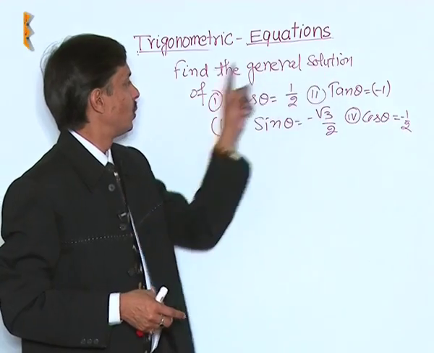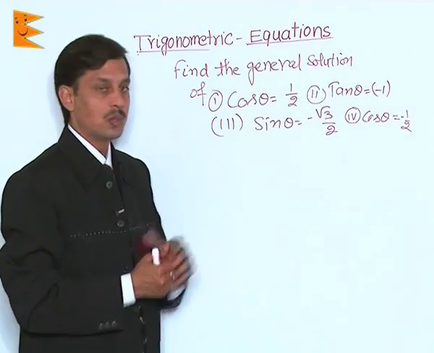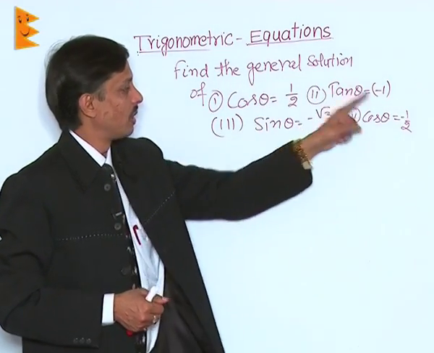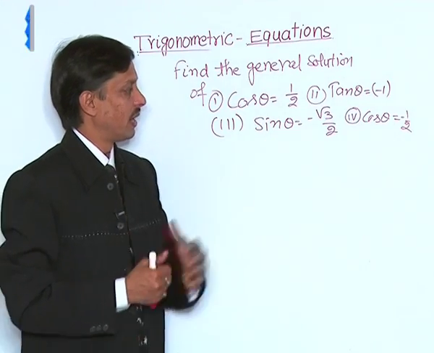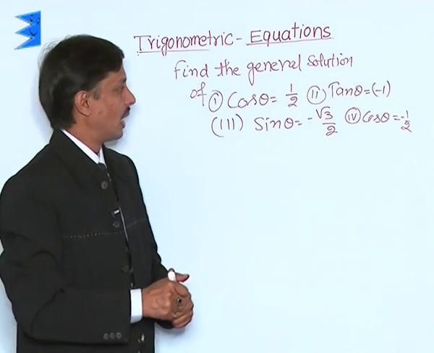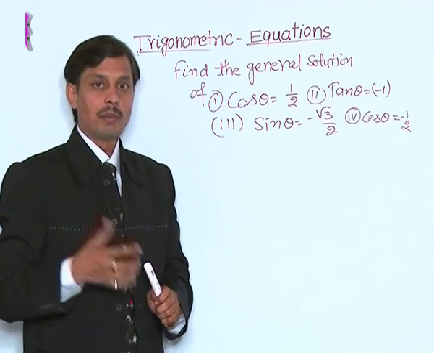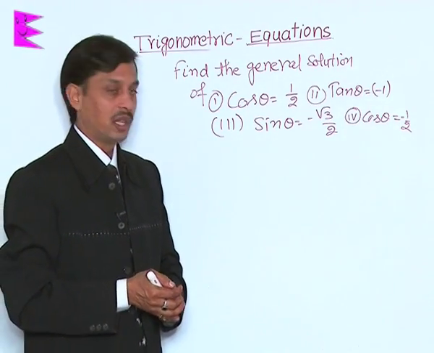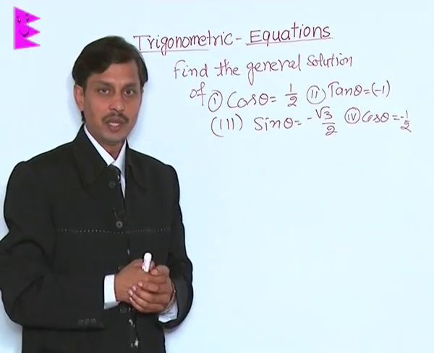Find the general solution of cos theta is equal to half, tan theta is equal to minus 1, sin theta is equal to minus root 3 by 2 and cos theta is equal to minus half. I would like to explain the principal domain together because it's mandatory.